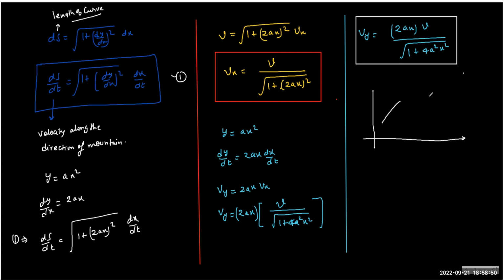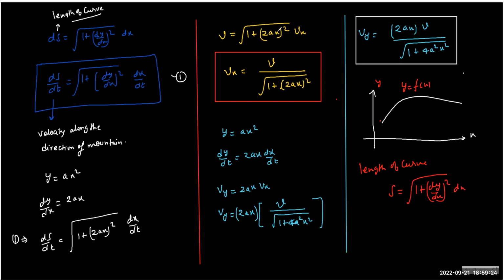So let's say if you have any curve like this, we can find the x and y easily, but what about the length of the curve? If I want to add all values, if I want to find this measurement, the formula is simple. If y is given as a function of x, the length of the curve, we'll study it in integration, we write as integral of square root of 1 plus (dy by dx) whole square.